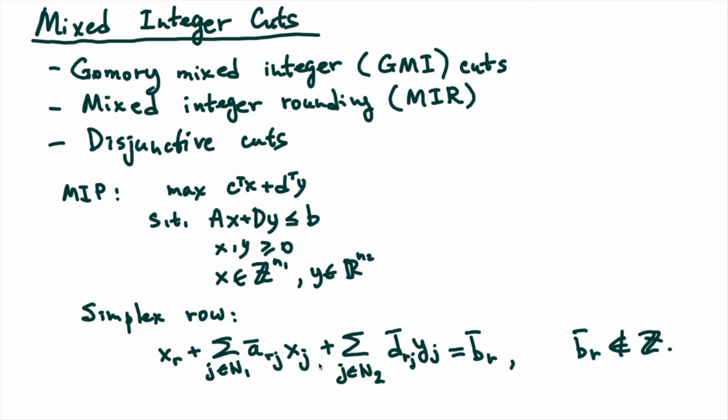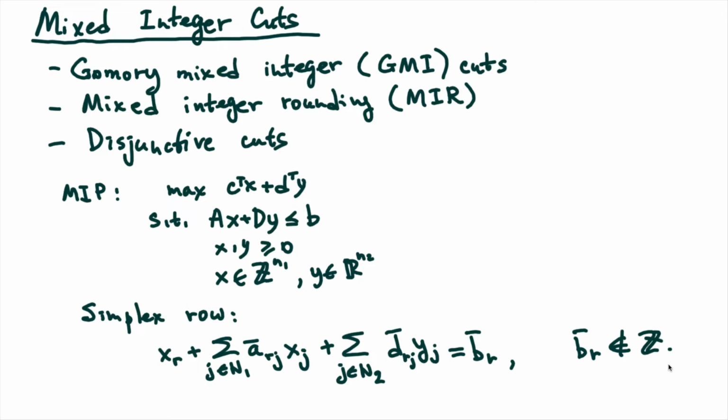So we have the coefficients a_rj bar for x_j's, the coefficients d_rj bar for y_j's, and then the right hand side is given by b_r bar, and the assumption is that b_r bar is not integer because we only need to take care of the variables that are fractional.